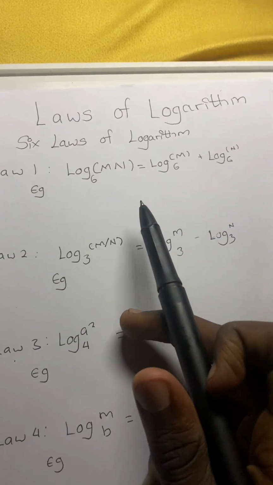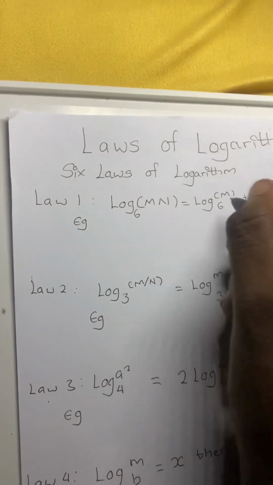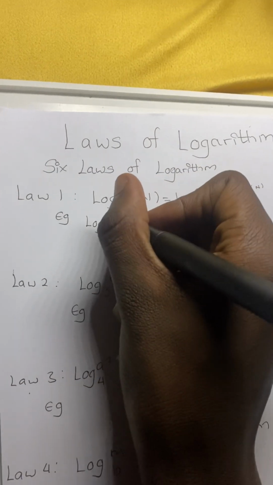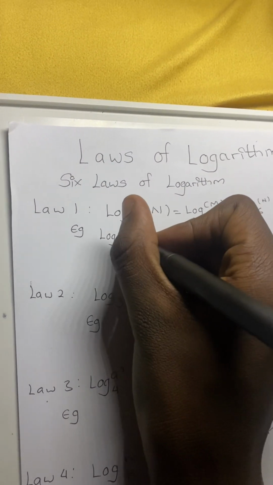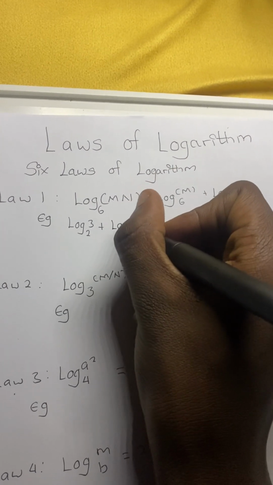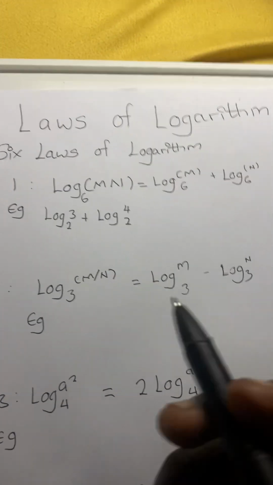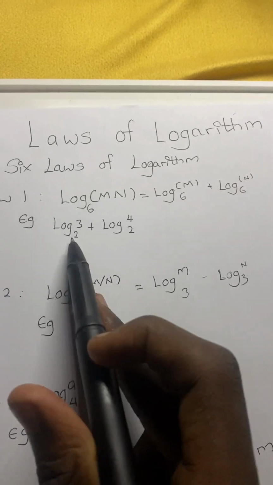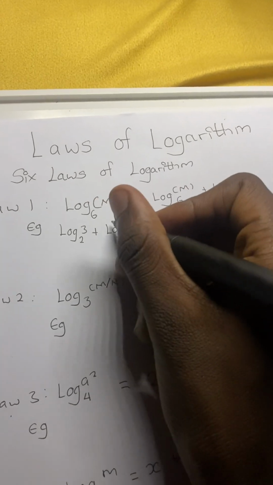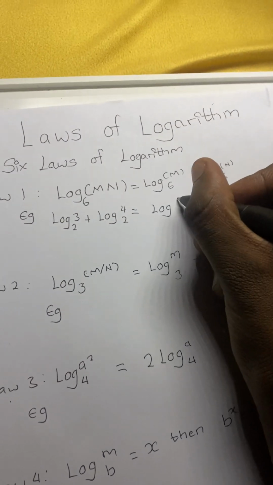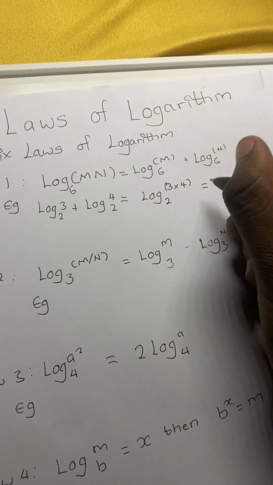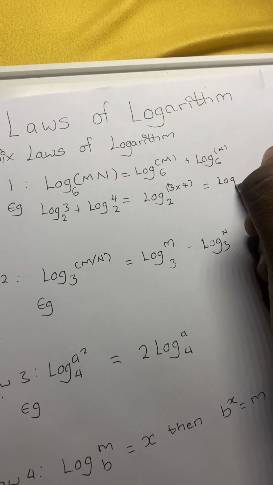What this means is that when you have two logs, like log 3 base 2 plus log 4 base 2, as long as they are in the same base, when you add them, you multiply them, which also means it is 3 times 4 base 2, and this is log 12.